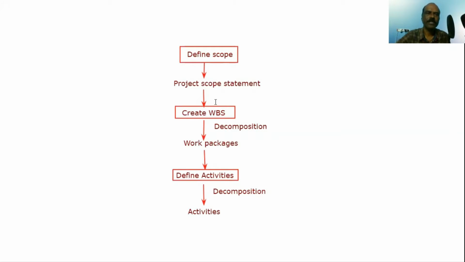Now, what are activities? Let's try to see with some examples. Let's take, for example, I'm moving into a new apartment. Let's say I bought a new apartment. Now, there could be many works I need to do. Let's take, for example, I need to do some carpentry work.